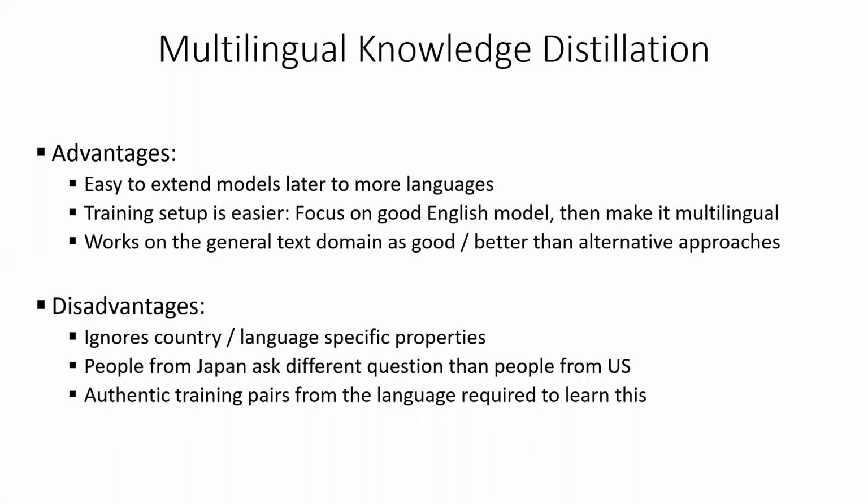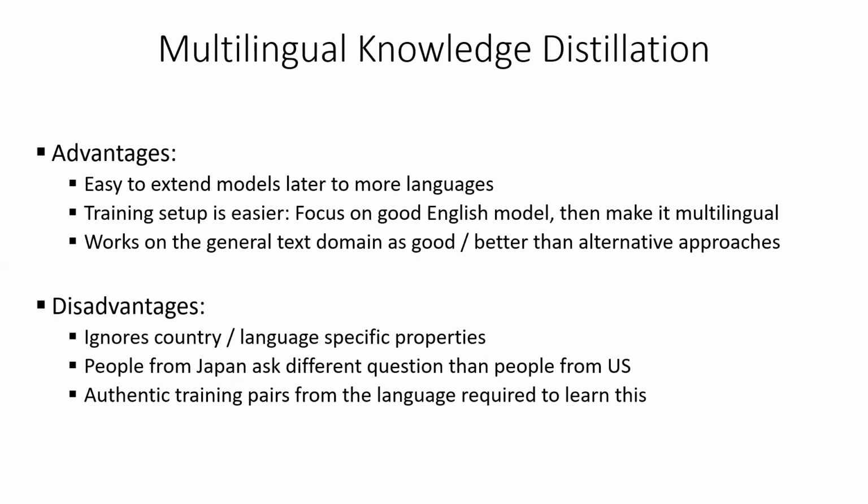It has some limitations or disadvantages. So it ignores some country and language specific properties. So people from Japan ask different questions than people from the US. So in the US, in the data sets, you see a lot of questions like how to do taxes in the US, but I doubt that people from Japan will ask the specific question, how can I do my US taxes.